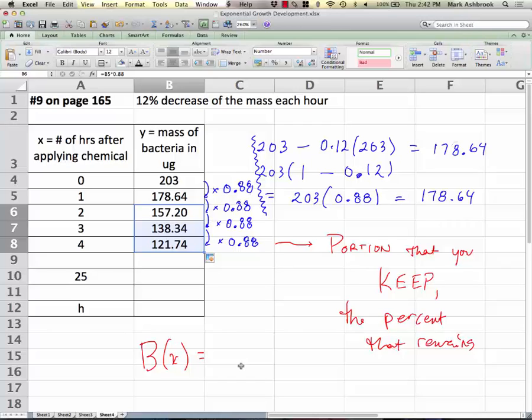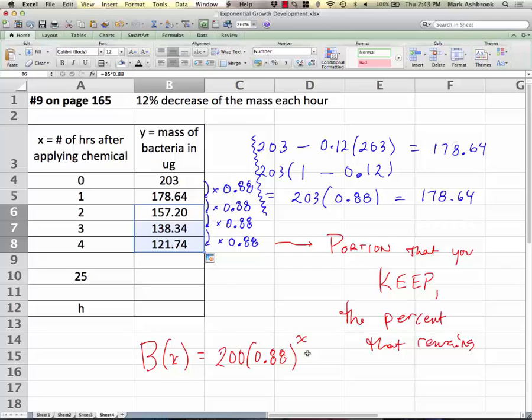Zach, let's go for it. 203 times 0.88 to the x power. And why is it that? Because for every hour that goes by, your decay is 12%. So if you multiply the 203 times 0.88 to the x power, you can take how many hours you have and multiply it times the decay factor and multiply it with the original amount.